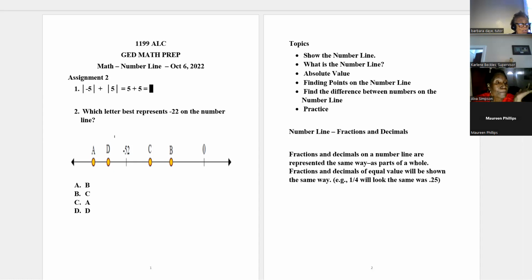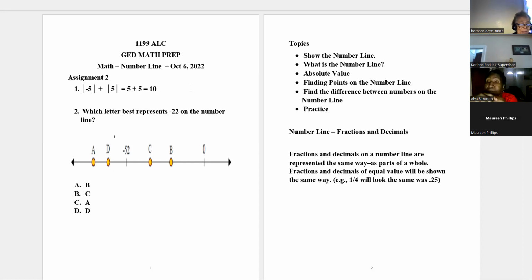So when I gave you absolute value of negative 5, you told me 5. Absolute value of positive 5 is 5. So what's 5 plus 5? 10. That's your answer. You got it? The thing I got from it is there's no negative in it, no signs.